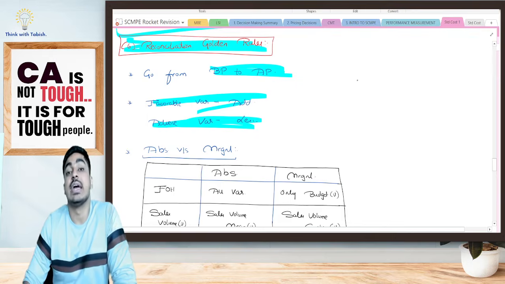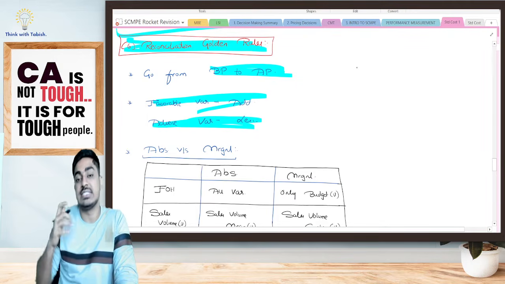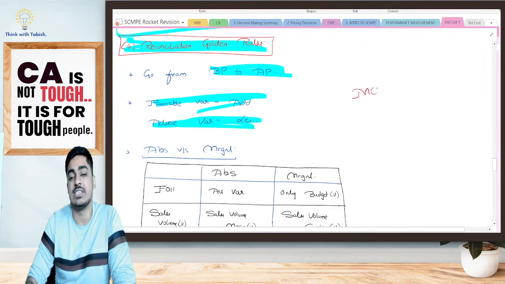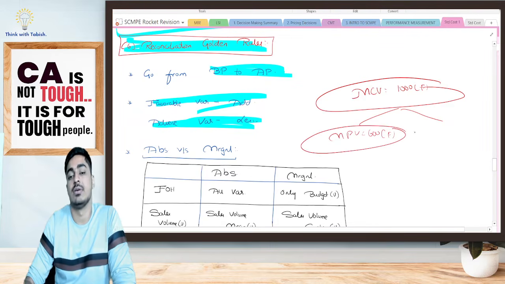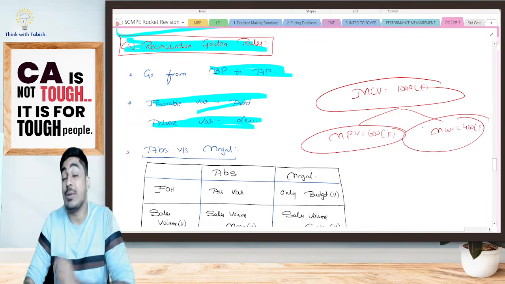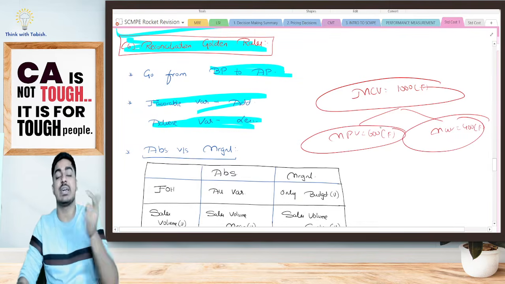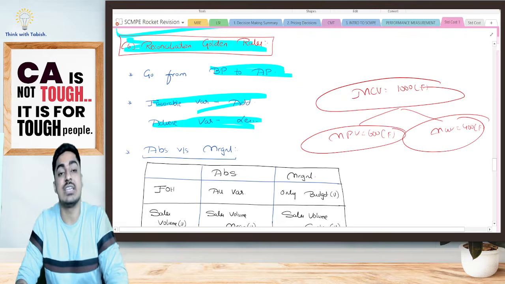Next, one more point. Consider your variances at the last level. What is that? For example, say material cost variance is 1000 favorable, material price variance is 600 favorable, and material usage variance is 400 favorable. While doing my reconciliation, I should consider my variances at the last level.